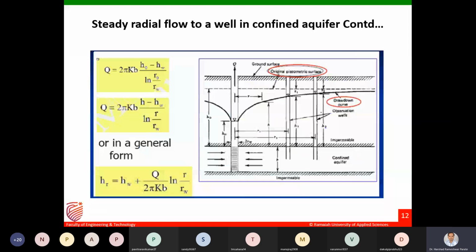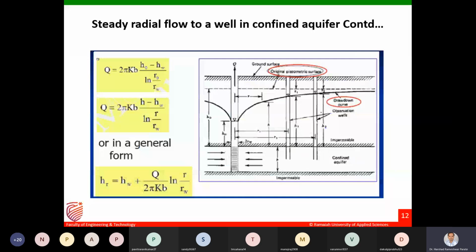The final equation we get, we call it Thiem's equation. Here T is equal to transmissibility, that is K into the thickness of your aquifer B, which is equal to Q divided by 2 pi, into H2 minus H1.